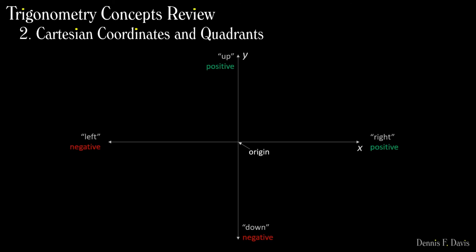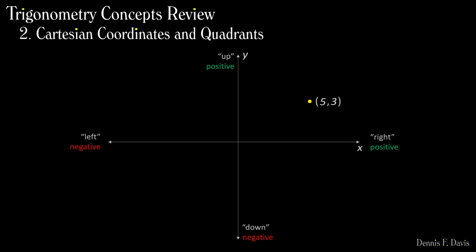Any of the infinitely many points on the plane can be identified by two numbers. The x-coordinate, which represents its distance, positive or negative, along the x-axis, and the y-coordinate, which represents its distance, positive or negative, along the y-axis. So every point in a plane is identified by an ordered pair of xy coordinates.